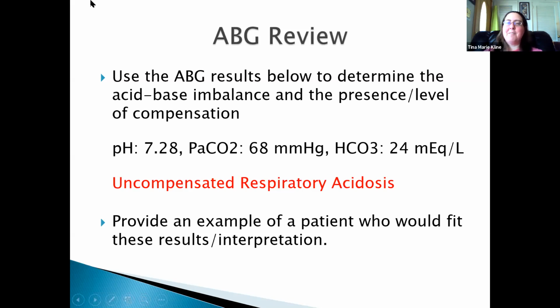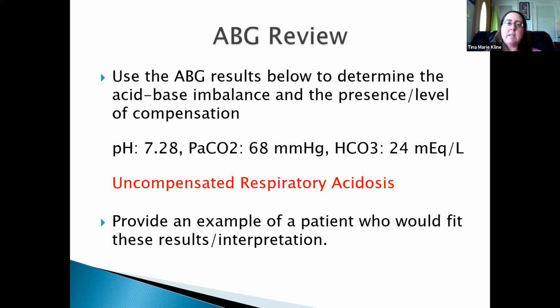Oh, I'm getting a couple takers now in the chat box. What do we got here? Okay, some good questions here. This would not be hyperventilating. This could be respiratory failure. This person has a significant impairment of ventilation and diffusion.